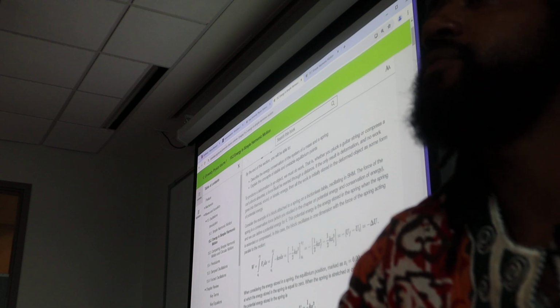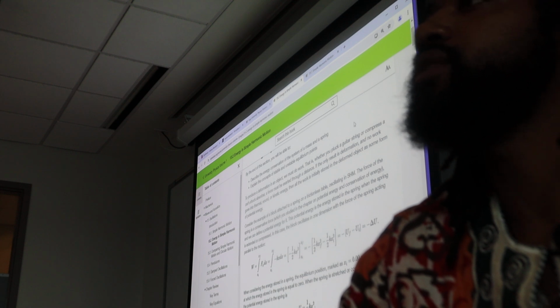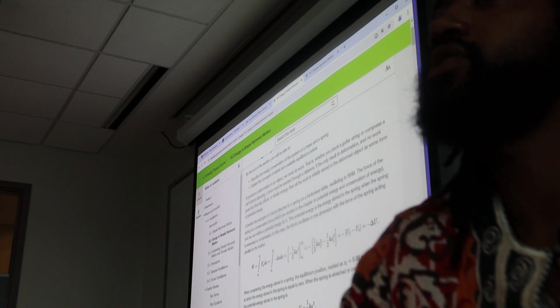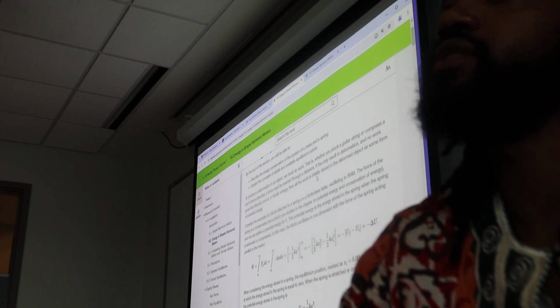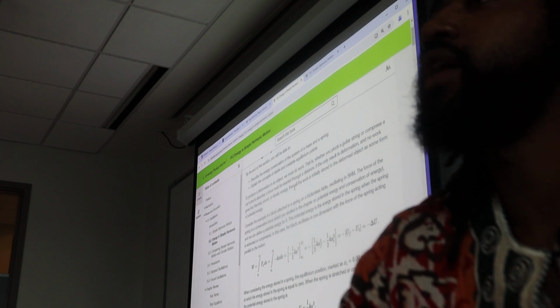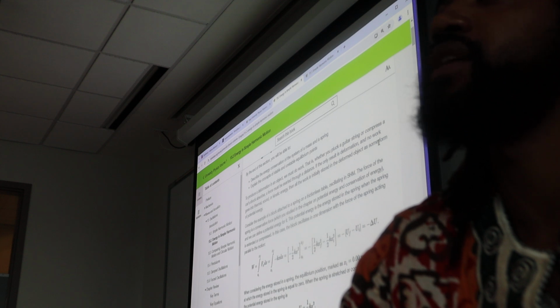To produce a deformation in an object, we must do work. That is, whether you pluck a guitar string or compress a car's shock absorber, a force must be exerted through a distance. If the only result is deformation and no work goes into thermal, sound, or kinetic energy, then all the work is initially stored in the deformed object as some form of potential energy.